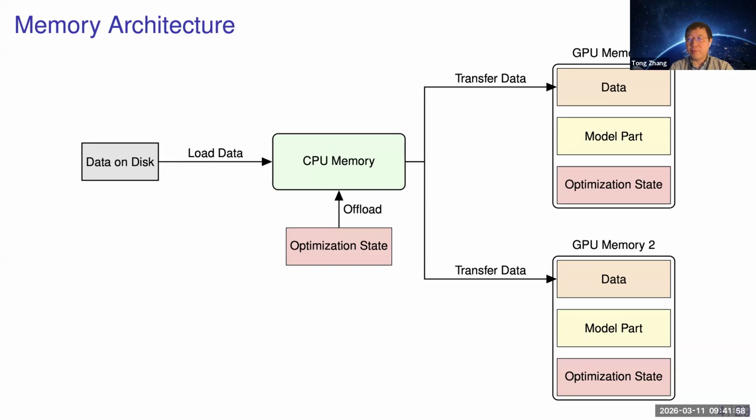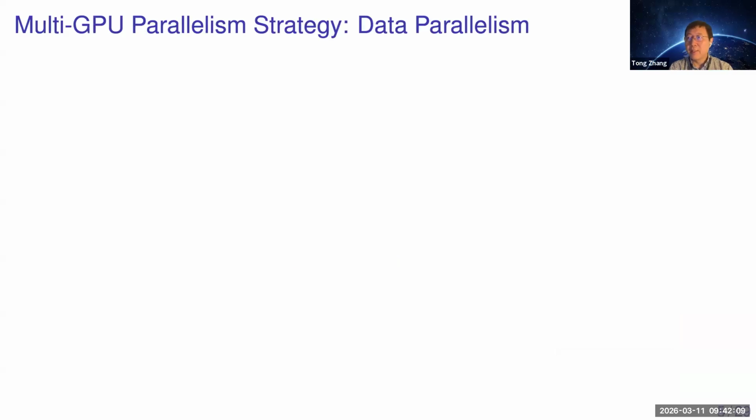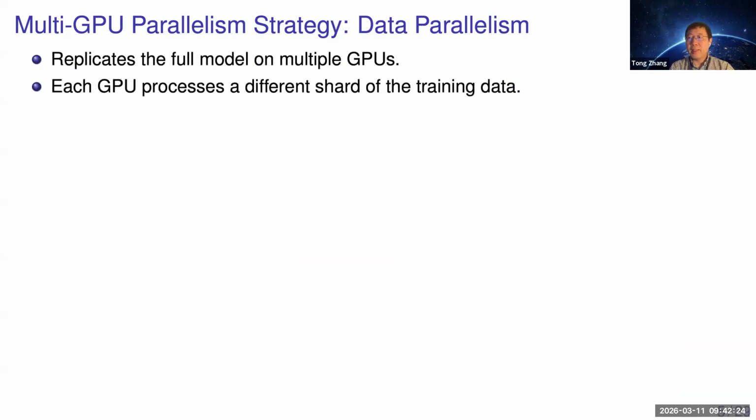This is not our focus. Our focus is on the later techniques, which matter more in the setting where every GPU has one single copy of the model. So, multi-GPU parallel strategy: data parallelism. We mentioned that, typically in the academic setting, the model is on multiple GPUs, and each GPU processes a different part of the training data.